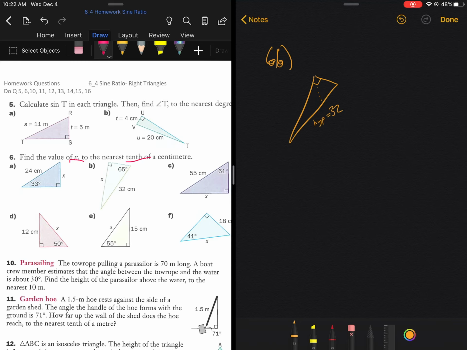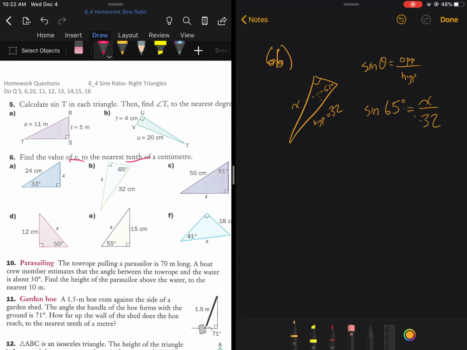The opposite of 65 degrees is x. So, remember, sine of theta equals opposite over hypotenuse. So sine of 65 degrees equals opposite, which is x, over hypotenuse, which is 32.